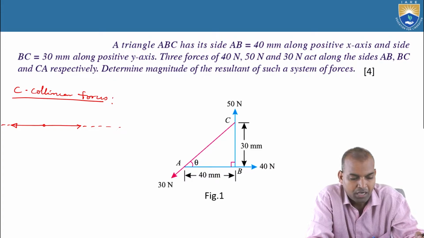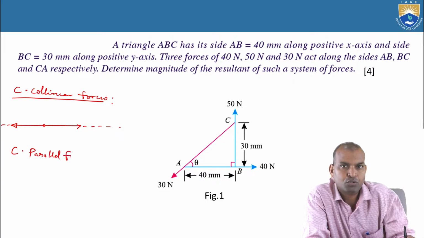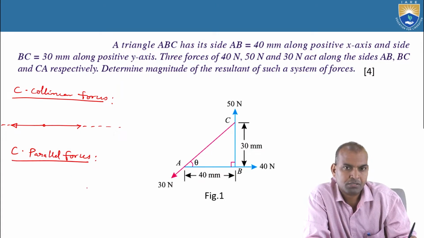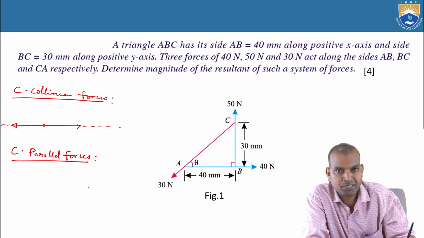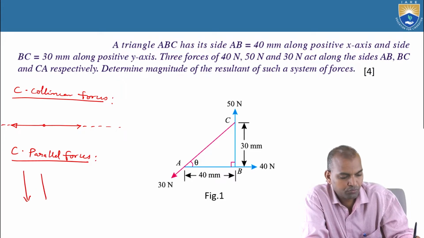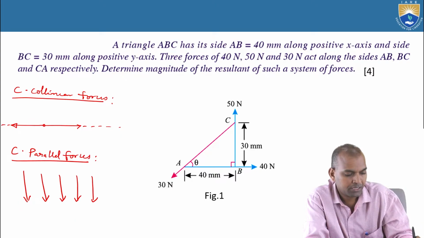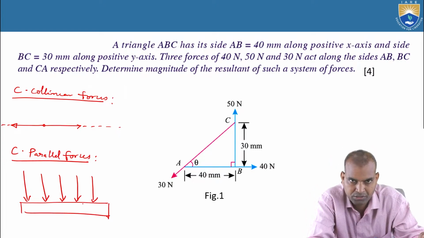The third category is known as the coplanar parallel forces system. In coplanar parallel forces, all the forces do not meet at one point, but are parallel to each other. If all the forces are acting downwards parallel to each other on your body, these are parallel forces.